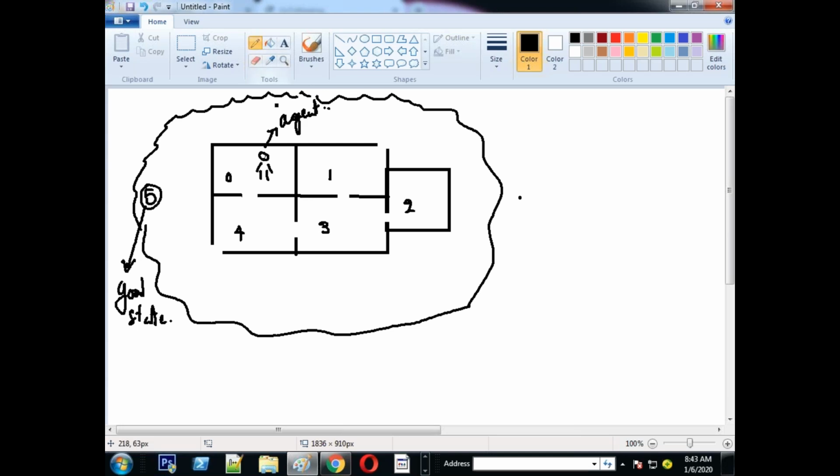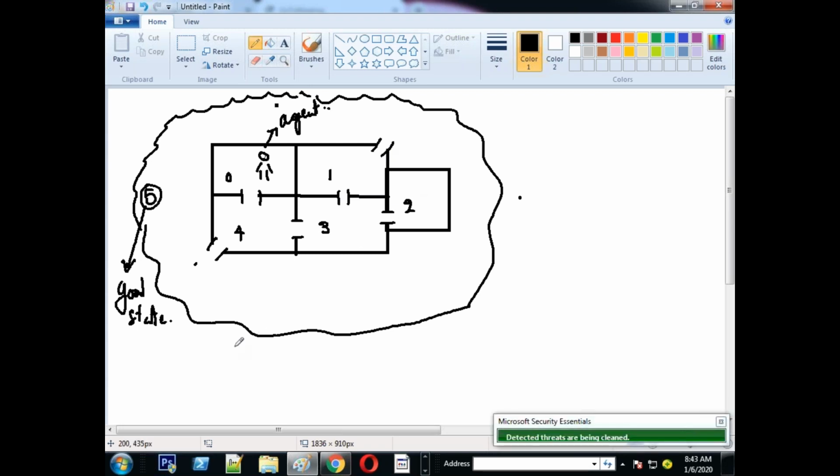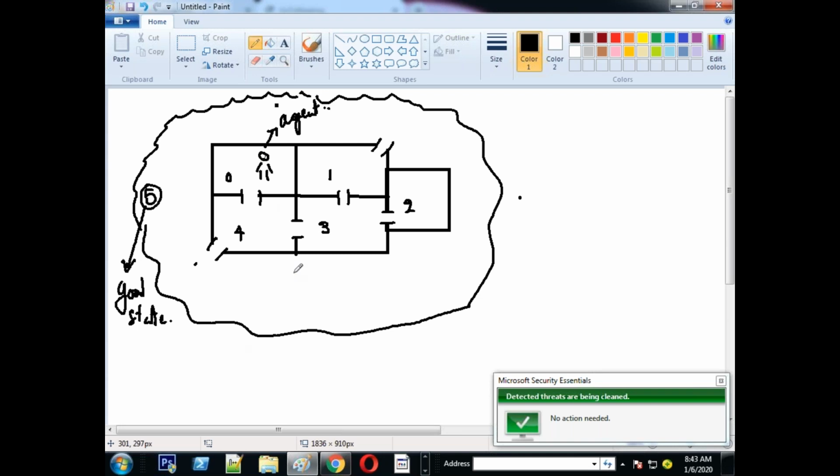I'm just labeling them. From 4 to 5, you can reach. 0 to 4, you can reach. 4 to 3, 3 to 4, both ways you can reach. 1 to 3, 3 to 1. 1 to 5 also. 2 to 3. But 1 to 2 you cannot enter. 0 to 1 you cannot enter. 0 to 3 you cannot enter.